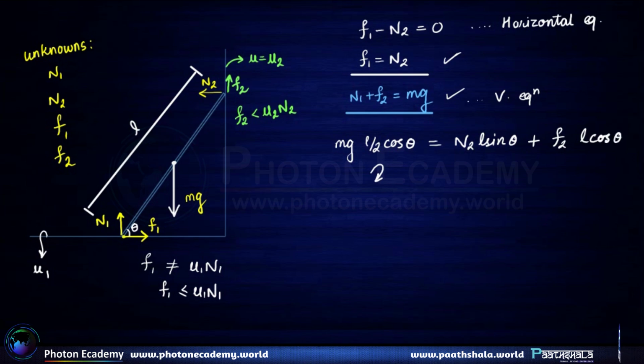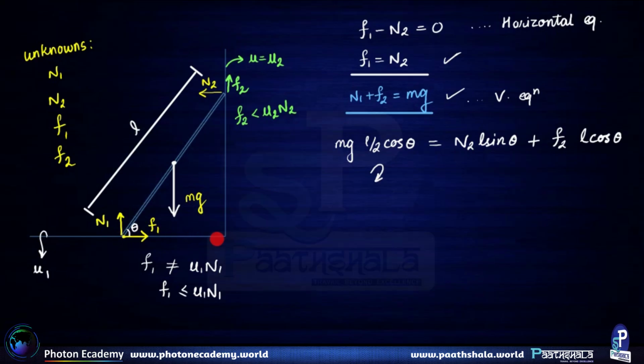This is the torque that needs to be added because F2 is also trying to rotate the rod in the counterclockwise sense, and L cos theta will be the perpendicular distance for F2's line of action. So these are the 3 equations that we have, and we do not have any other equation.